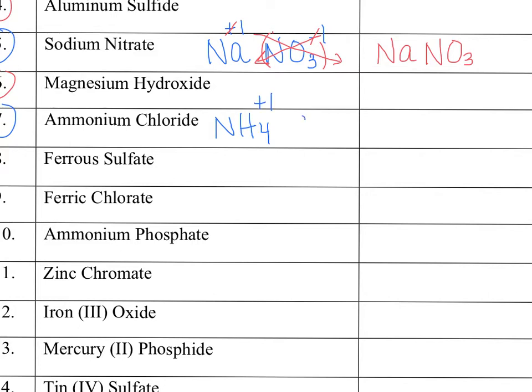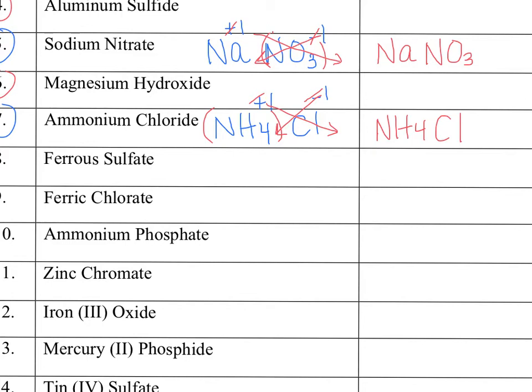Chloride, she's a bride, so that's chlorine, and she's in group 7, so her oxidation number is -1. Next thing we do is drop the signs, crisscross applesauce. So how many of the total ammoniums do I need? Just 1. And how many chlorines do I need? Just 1. So this formula, NH4Cl, is ammonium chloride.